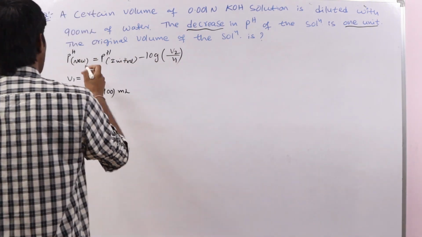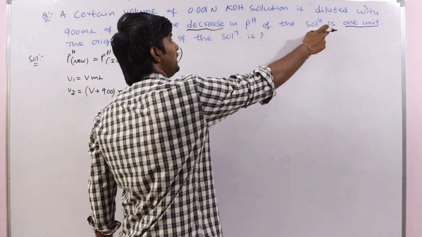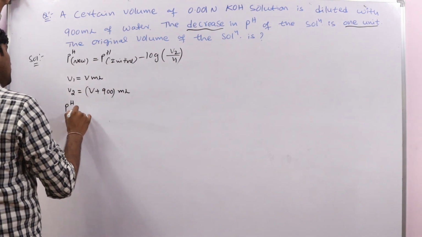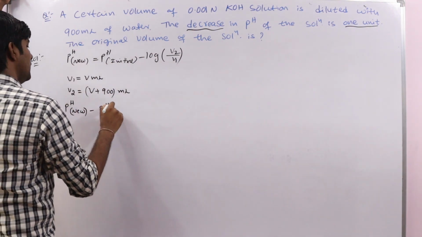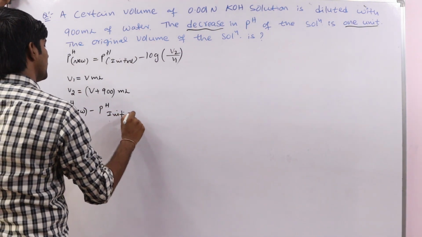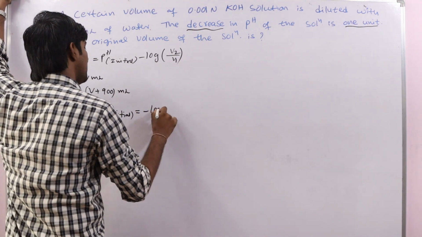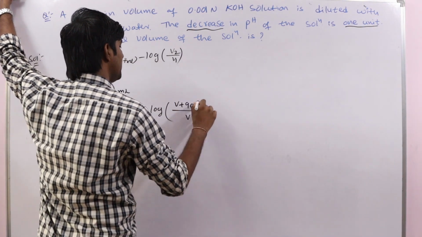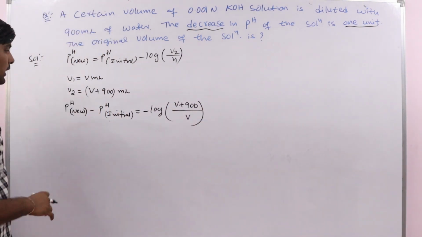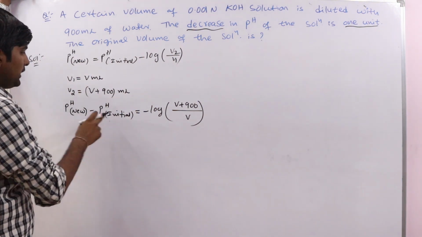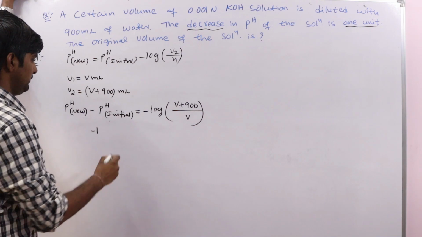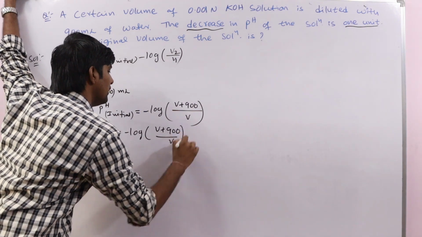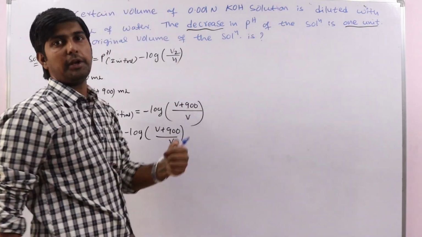Also it is given that the decrease in pH of the solution is 1 unit. So pH new minus pH initial is equal to minus log of V2, which is V plus 900, over V1, which is V. We are assuming that V1 equals V. Here, pH new minus pH initial is equal to minus 1, because it is already given in the problem. pH decreases by 1 unit.